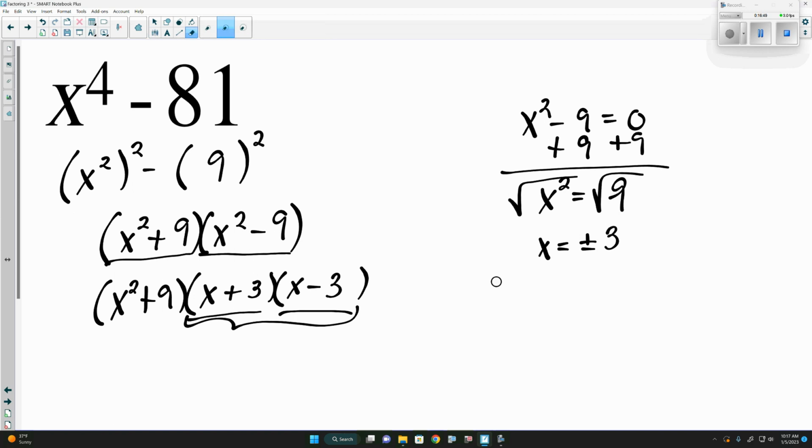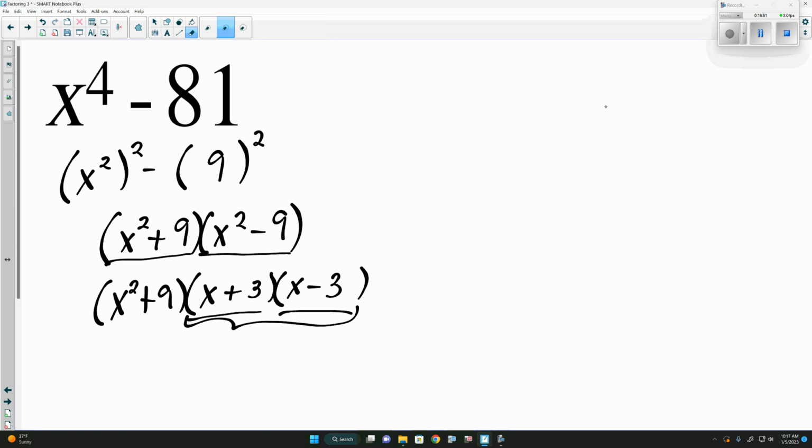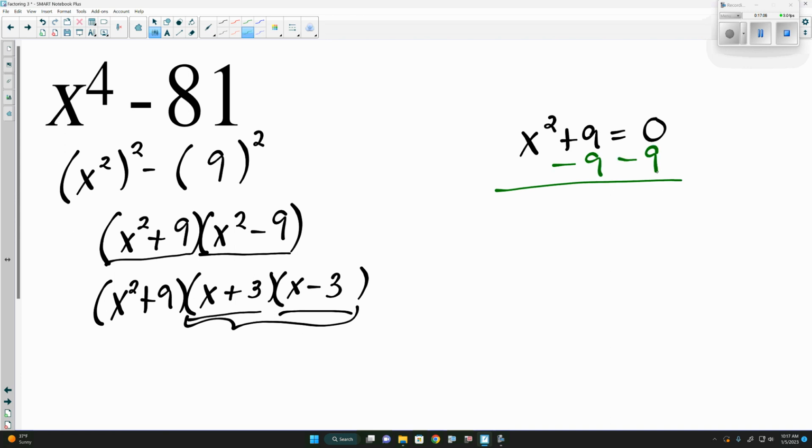Now, I'm going to erase this here and do this again, but this time with our other one, x squared plus 9 equals 0. Well, the first step in solving it would be to subtract 9, which is fine. We have x squared equals negative 9. When we square root, we would get 3i.